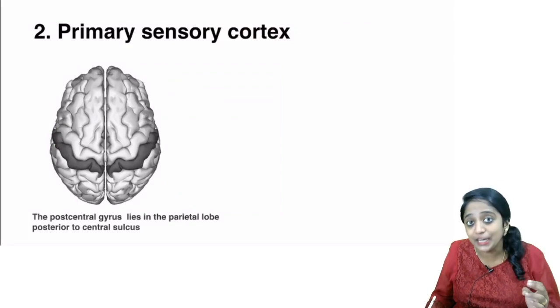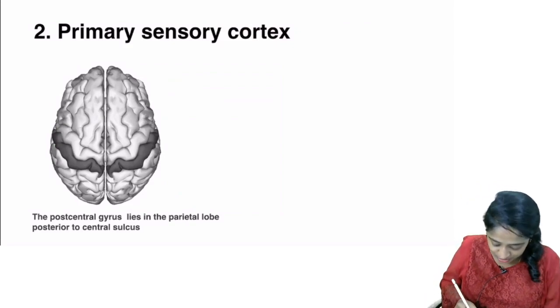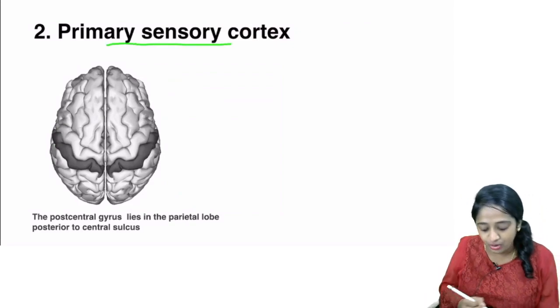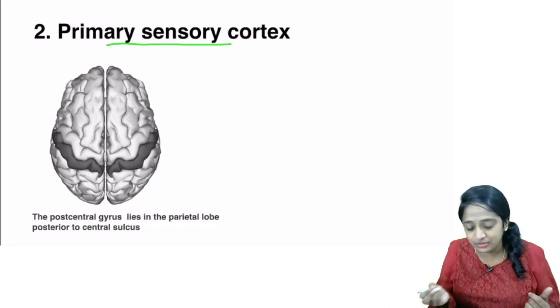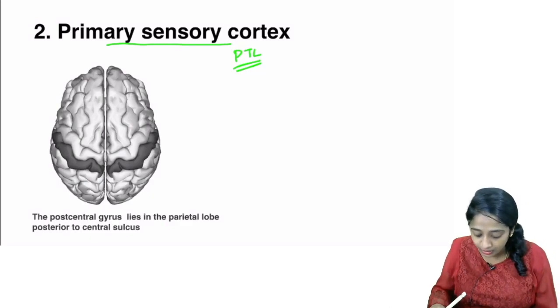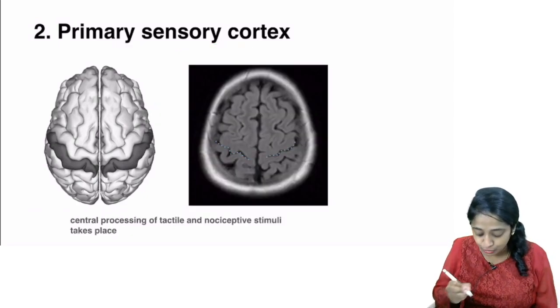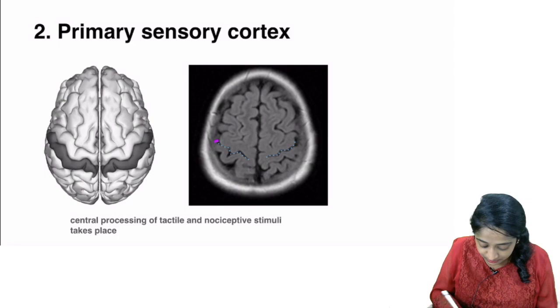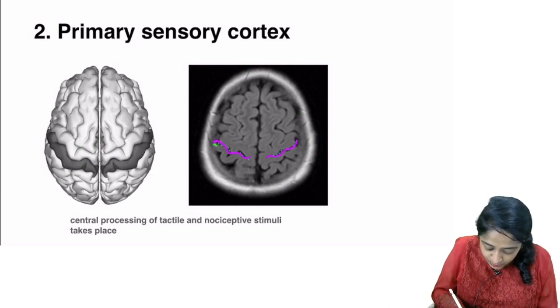Now coming to the second important functional area, which is the primary sensory cortex. Where is the primary sensory cortex located? It is in the parietal lobe. So how can you localize it? You first have to draw the central sulcus. The gyrus just posterior to it will be what?